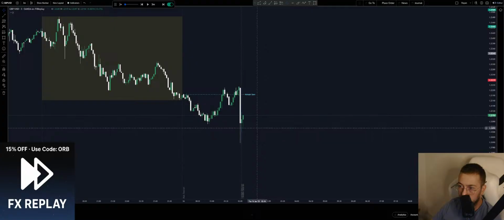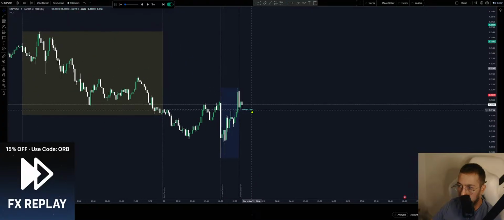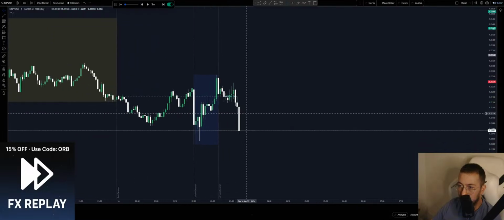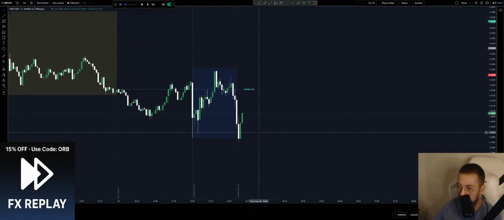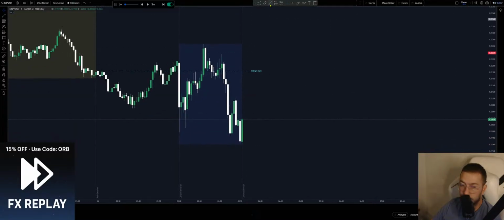We change character here. We change character again. We have no clear structure. See, when it accumulates, it becomes really annoying. Okay, now we look for a bearish entry. Price changed character here to the break of structure, and we do have a valid supply zone right there.